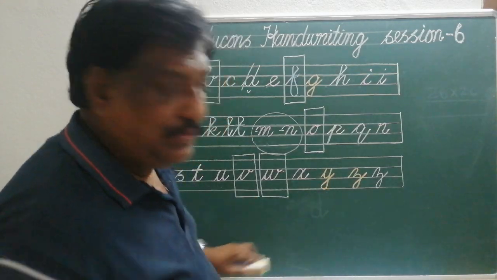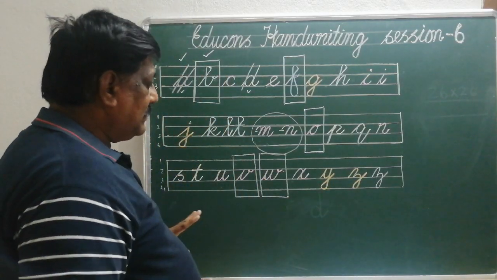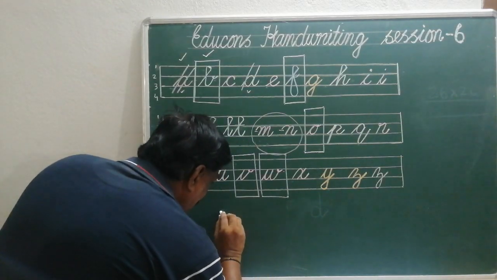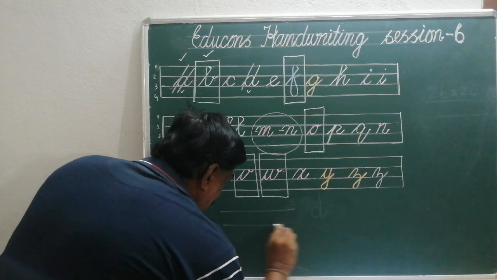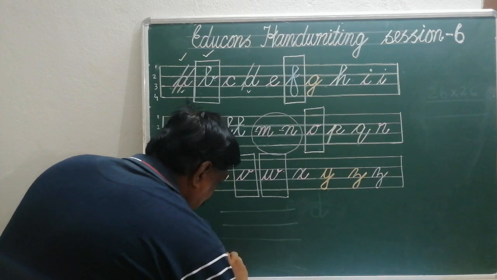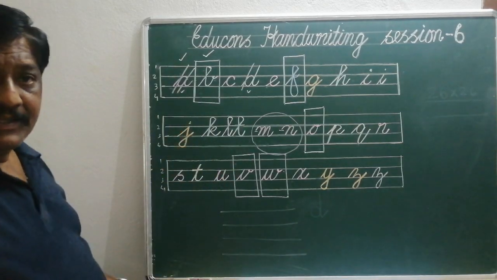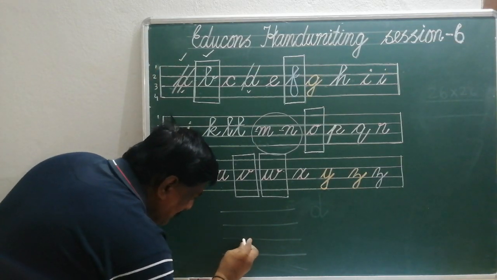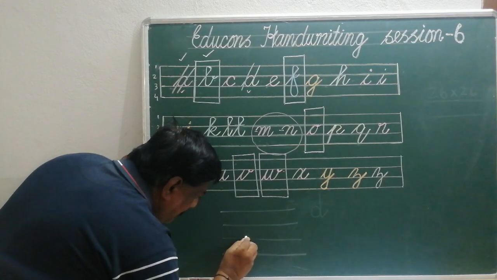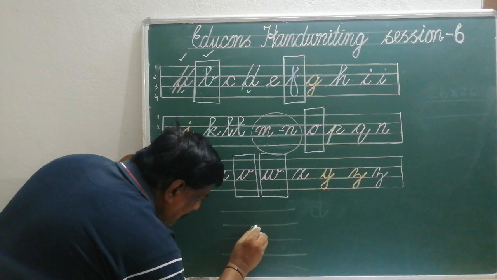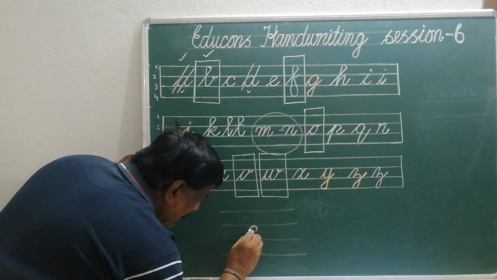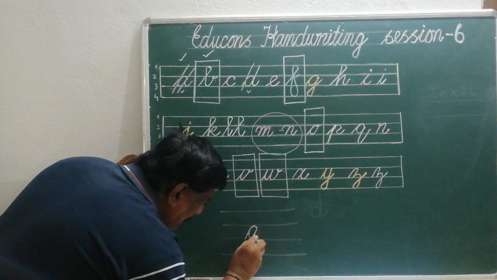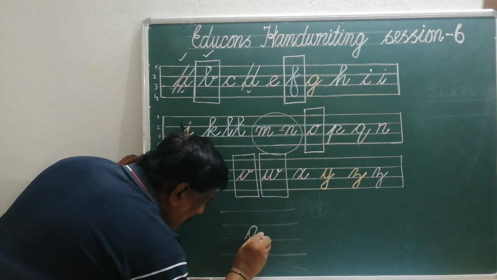Now let me go to the joining, right? I am going to take only two joinings. Okay, let me take the first letter A. We will first write the letter A. Make a curve, come back, go here, come back, end here.